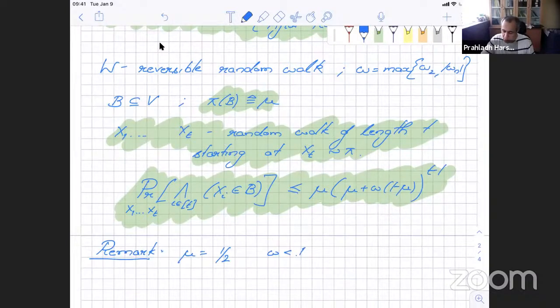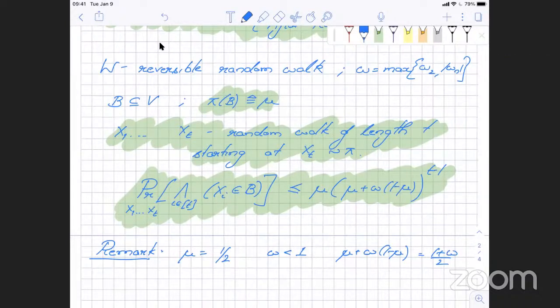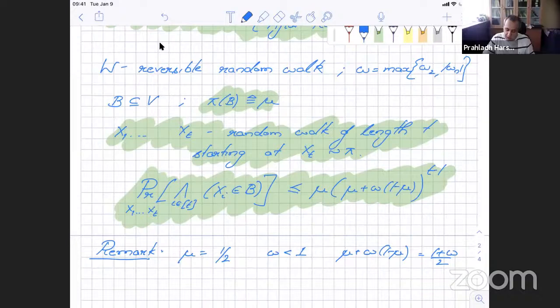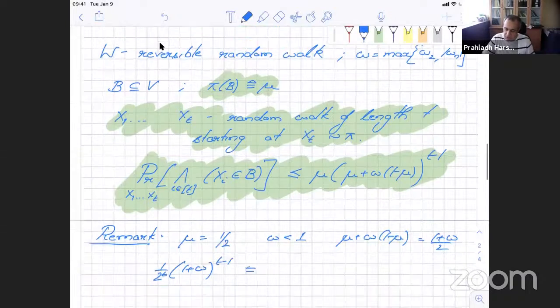Therefore, mu plus omega times (1 minus mu) is basically (1 plus omega) by 2, which is some number less than 1. Therefore, this probability is basically half times ((1 plus omega) by 2) to the power t minus 1. This is something exponentially small, exponential in minus t.